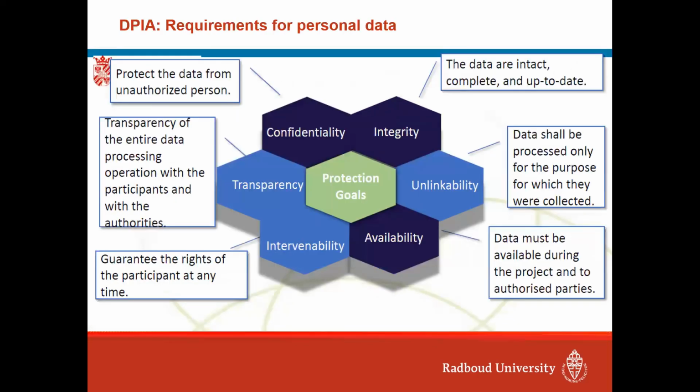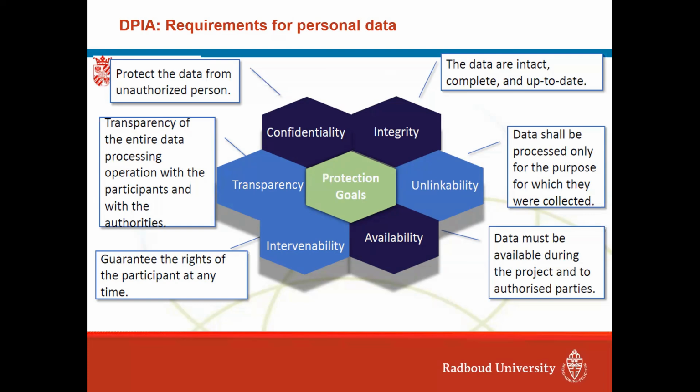When it comes to confidentiality, it's about protecting the data from an unauthorized person. When it comes to integrity, it's about data being intact, complete, and up to date. When it comes to availability, data must be available during the project and to authorized parties.